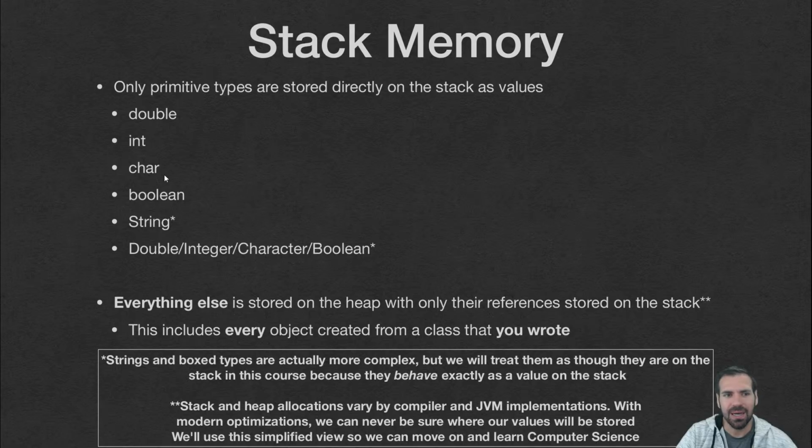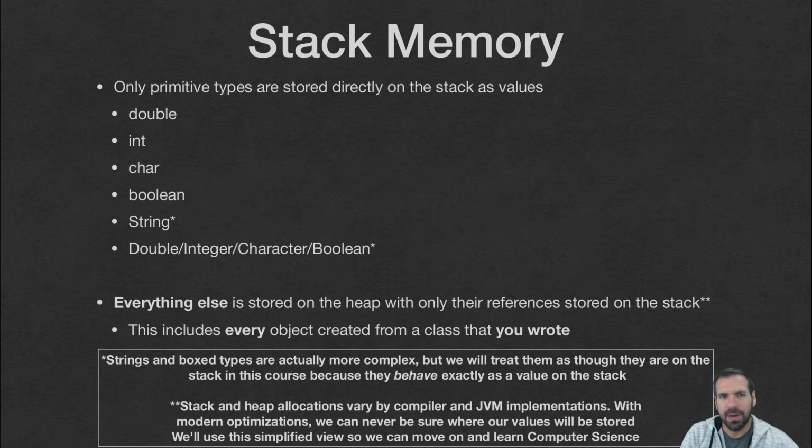Char is an 8-bit value. Is that true? Oh, that's not necessarily true if it's UTF-8, if it's not ASCII, but I don't want to go down that rabbit hole right now. And boolean is your true or false. Those values are stored directly in those variables.